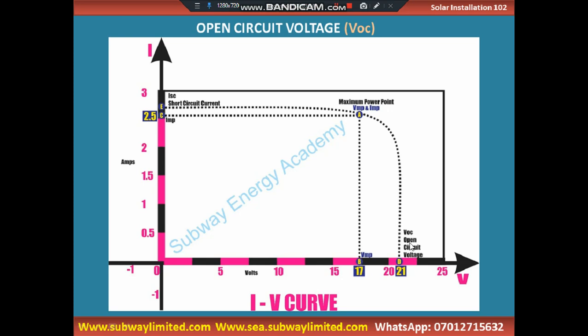So the open circuit voltage of a solar panel is the voltage gotten across the two terminals, the positive and the negative terminal of a solar panel, when the solar panel is not connected to any load. The maximum power was when the solar panel was connected to a load, but in this case the solar panel is not connected to any load.